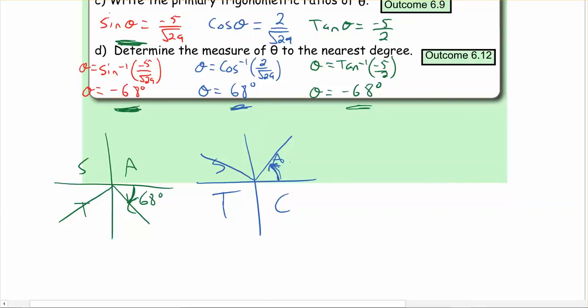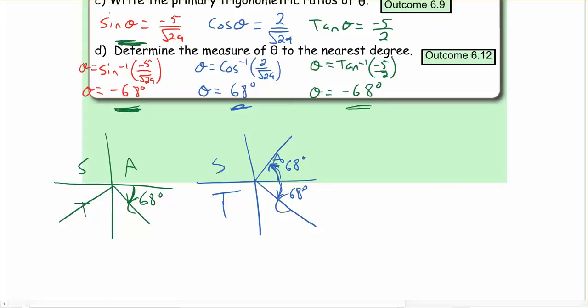So it chose this and said, well, that's 68 degrees. It wasn't there, it was there, and it was there where it was positive. So it just chose this one because it was positive. It could have just as easily said down too, because that's positive in both those cases. So that's 68 degrees and that's 68 degrees.